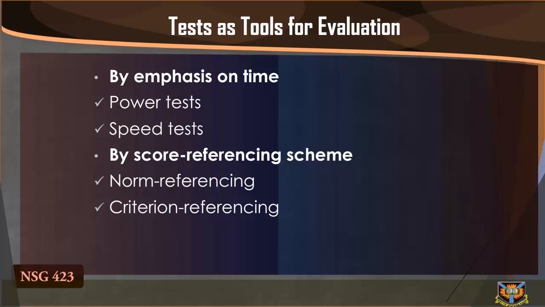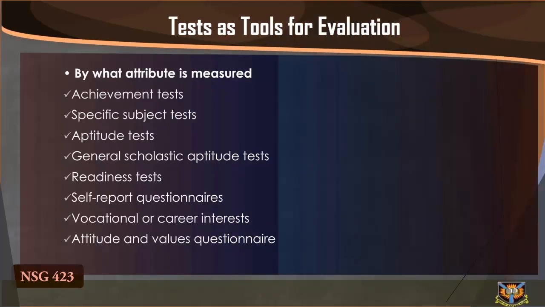By score referencing scheme: norm referencing, criterion referencing. By what attribute is measured: achievement test, specific subject test, aptitude test, general scholastic aptitude test, readiness test, self-report questionnaires, vocational or career interest, attitude and values questionnaire.